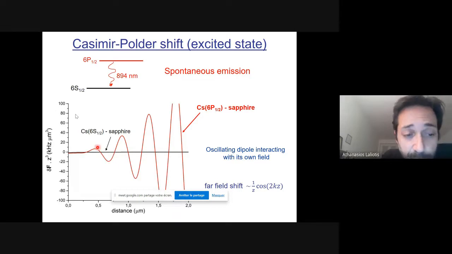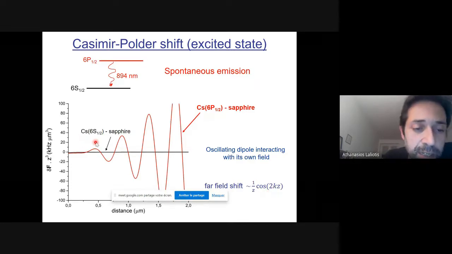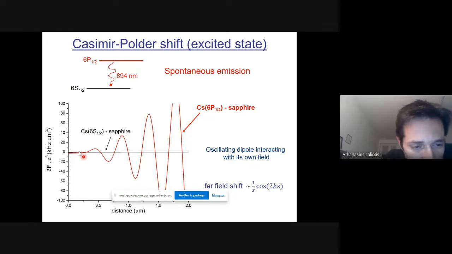Here I plot the same graph as before, and you can see how much more exotic the interaction of the excited state atom appears. It oscillates a lot, and this oscillation falls off much more slowly. It's a 1 over z distance dependence, cos 2kz.